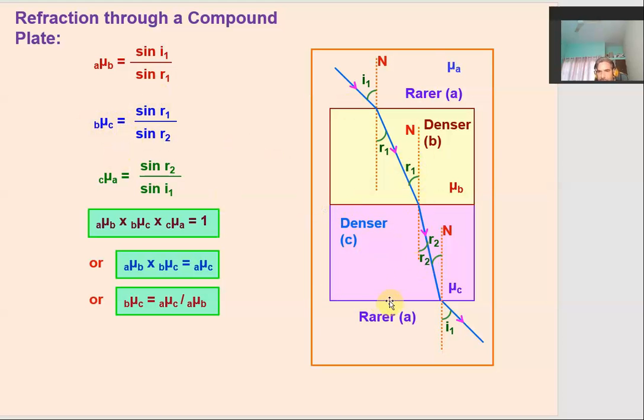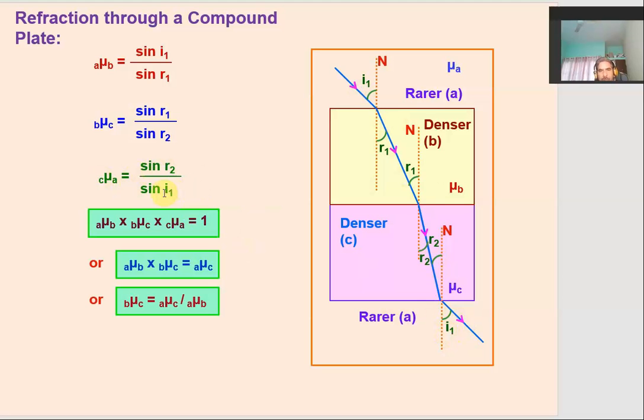And then at the third interface the light ray is coming to the air medium, so mu AC is equal to the sine of the angle of incidence here, which is R2, divided by the sine of the angle of refraction, which is nothing but I1, right?